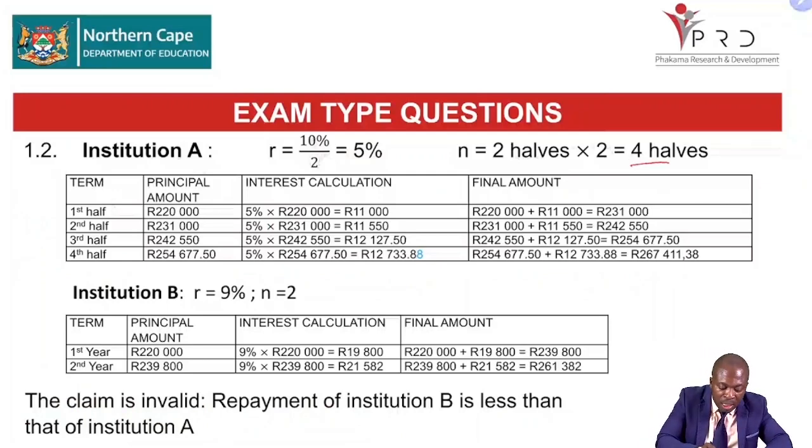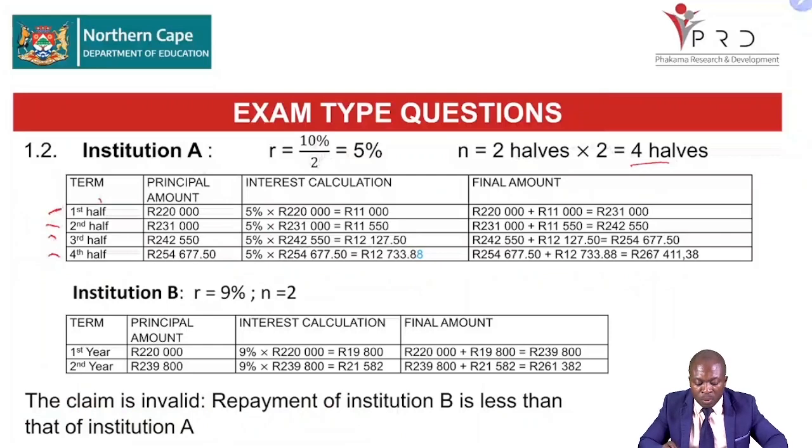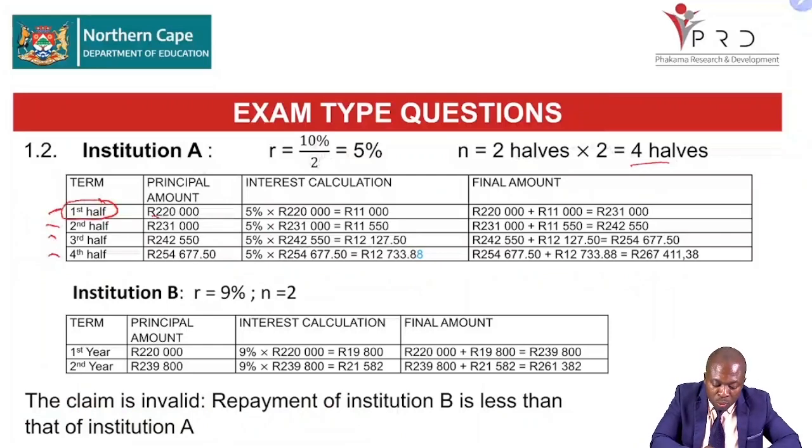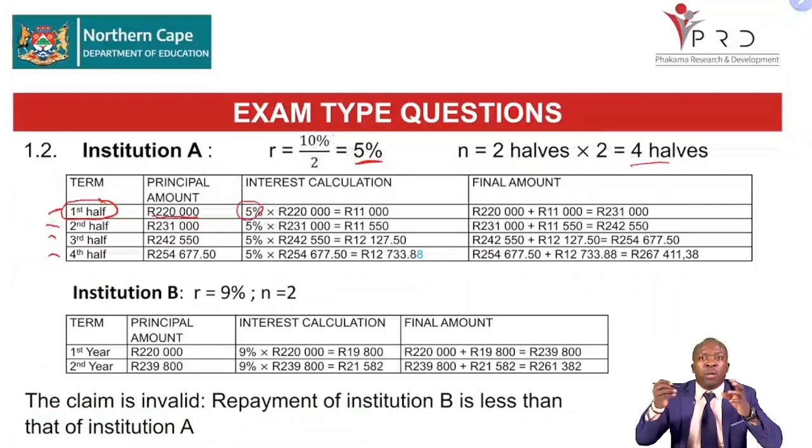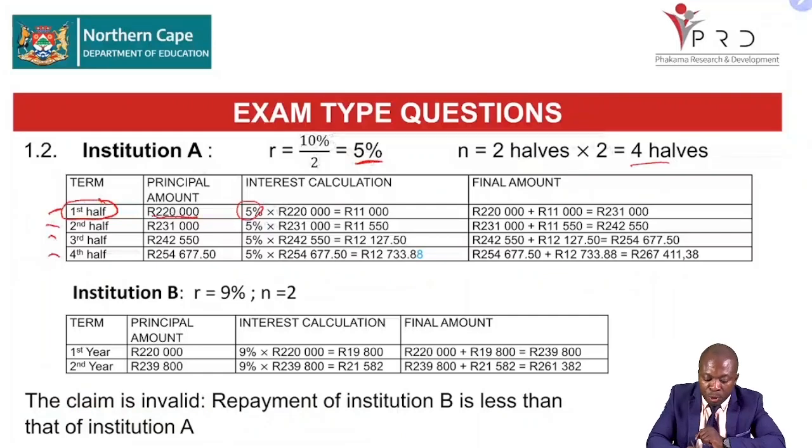That's why you see in the table here, there's calculation number 1, which is the first half year, second, third, and fourth. Look at all the calculations. Can you see the first half year? Where is the amount? 220,000. Where did you get the 5% from? Yes, we got it from here. How did you get it? We took the 10%, which was for the whole year, we divided it by 2. That's how we got 5%.